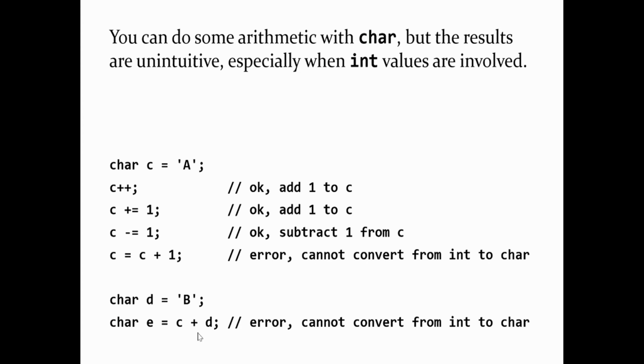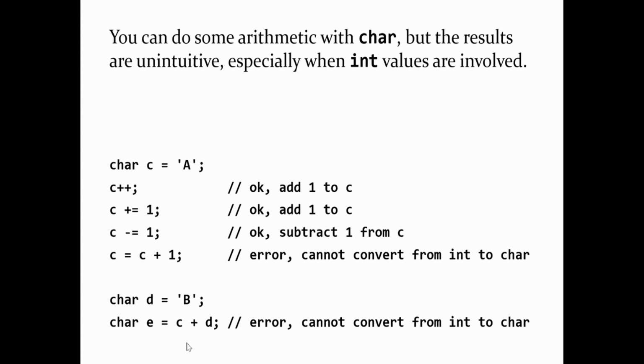Similarly down here, now you've got a char and a char, which is weird. You would say, well, if I add a char and a char, I get a char. The language says that's not true. The language says if you add a char and a char, what actually happens is you end up adding an int and an int. Anything smaller than int automatically gets converted up to int, and then the arithmetic happens as int.